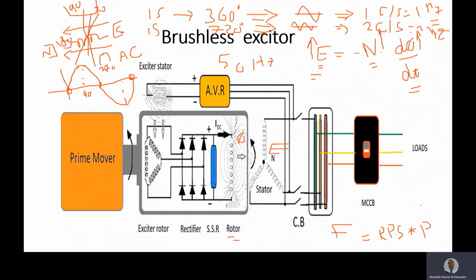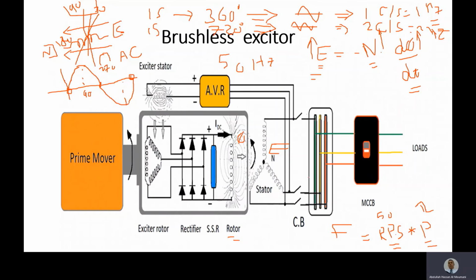If the number of pairs of poles is 1 and you make 50 revolutions in 1 second, you will have 50 hertz. If you increase the pairs of poles to 2 and you make 50 revolutions, you will get 100 hertz. So the frequency depends on 2 factors: the speed of rotation and the pairs of poles.